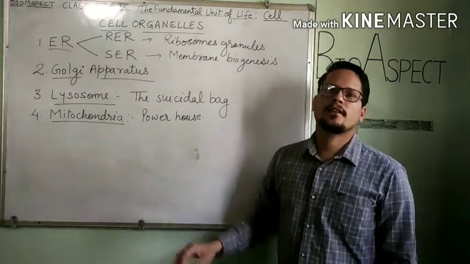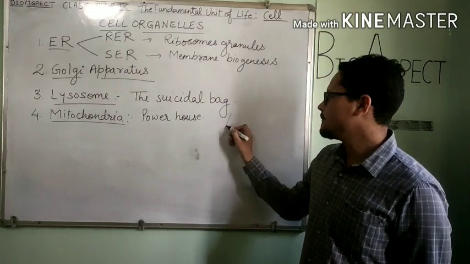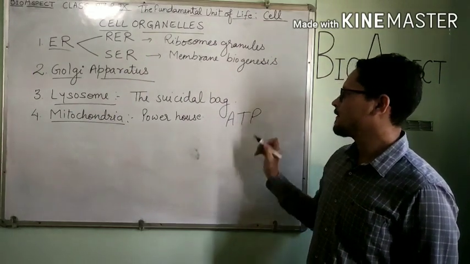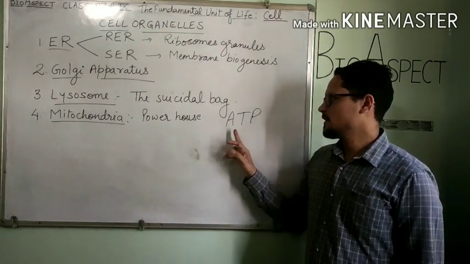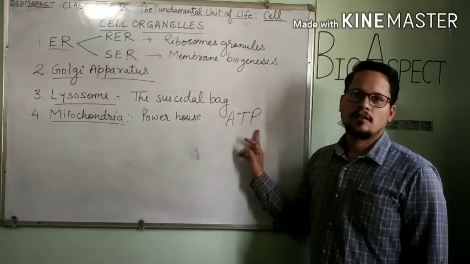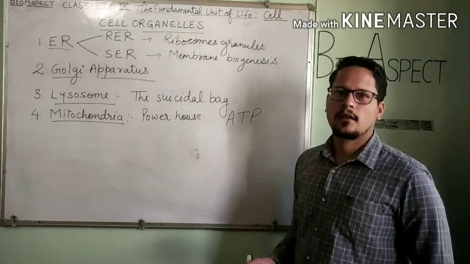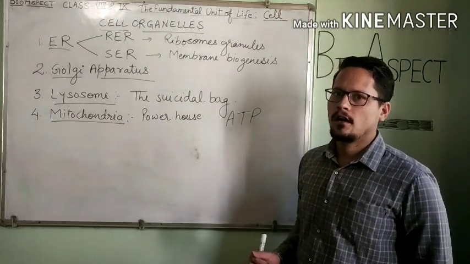The energy is released in the form of ATP. ATP is the currency of energy. It means adenosine triphosphate. In a cell, hundreds of mitochondria are found.